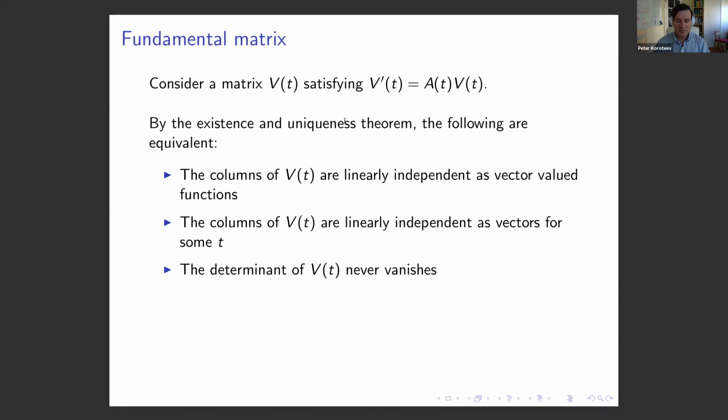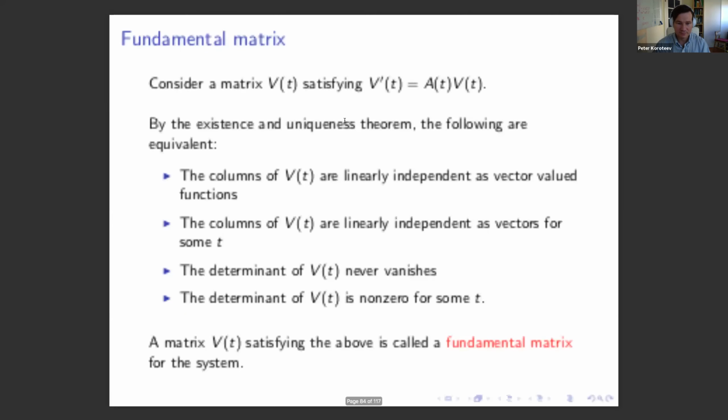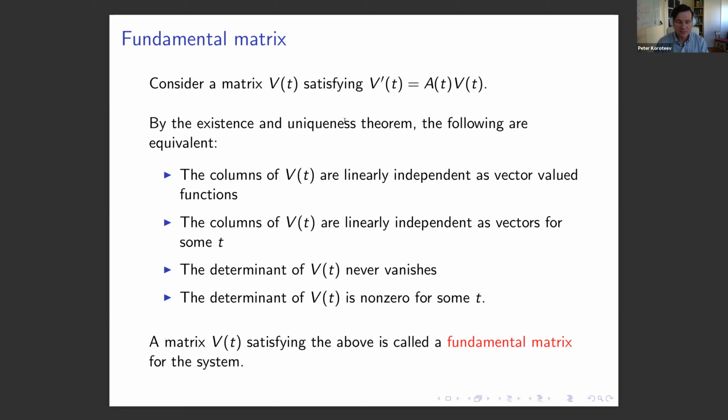The determinant of V of t never vanishes, so there is no value of t in the domain where we're studying the differential equation where the determinant is equal to 0. Or equivalently, the determinant of V is non-zero for just some particular value of t. This matrix V of t is called the fundamental matrix for the system of differential equations, or system of fundamental solutions, so just the fundamental matrix for the system.